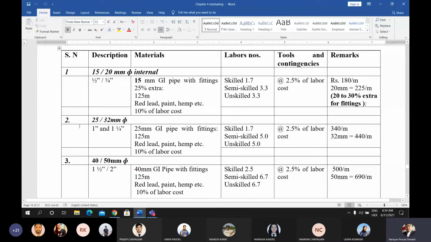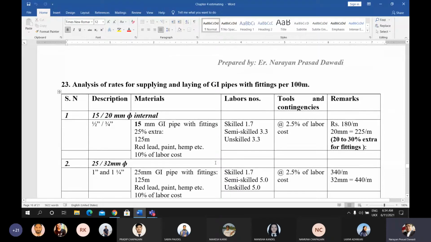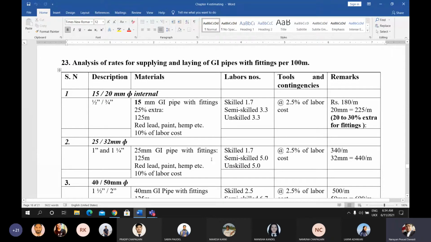Equipment is required for joining the 25 mm and the 32 mm diameter pipe. You can do the rate analysis by yourself after knowing these materials, labors, and the tools, plants, equipment. Okay, this is for 25 mm or 32 mm diameter pipe.